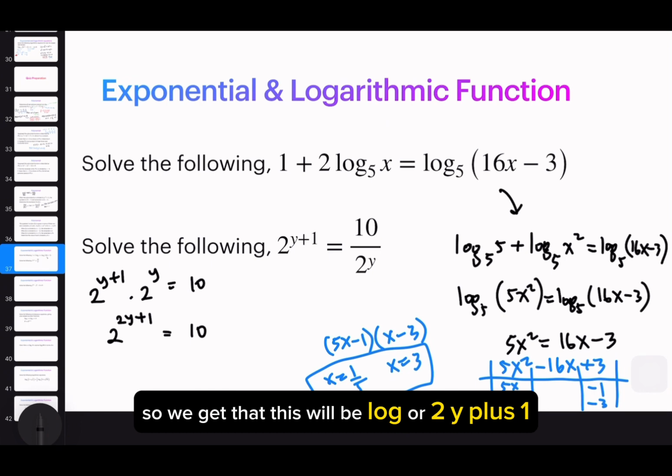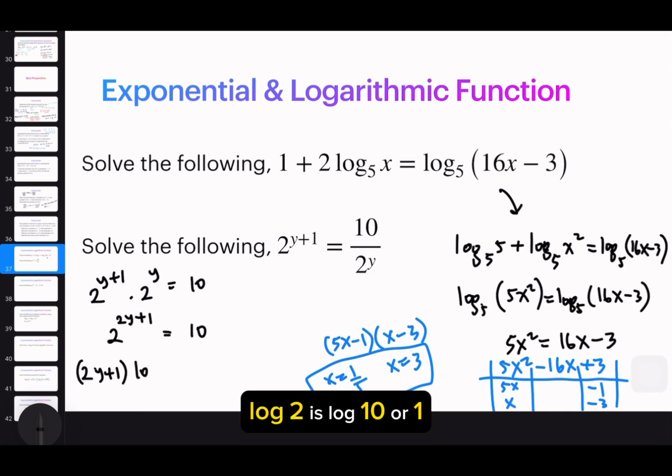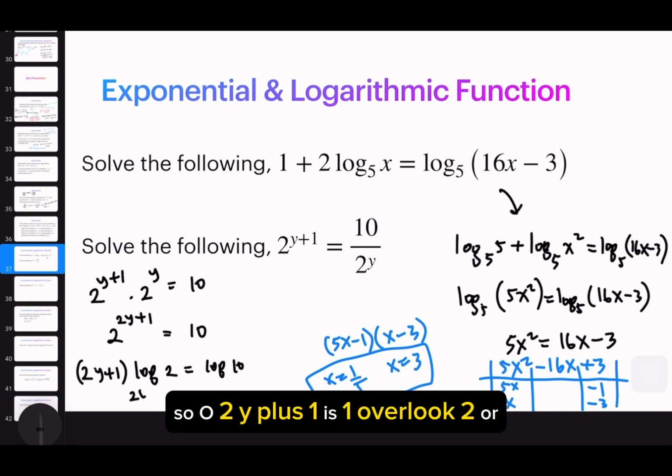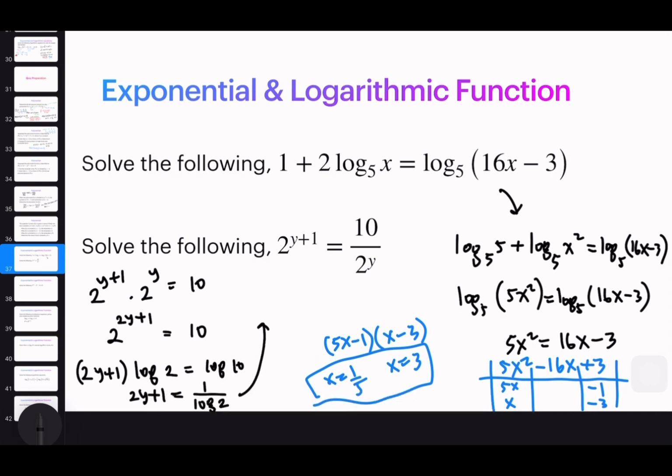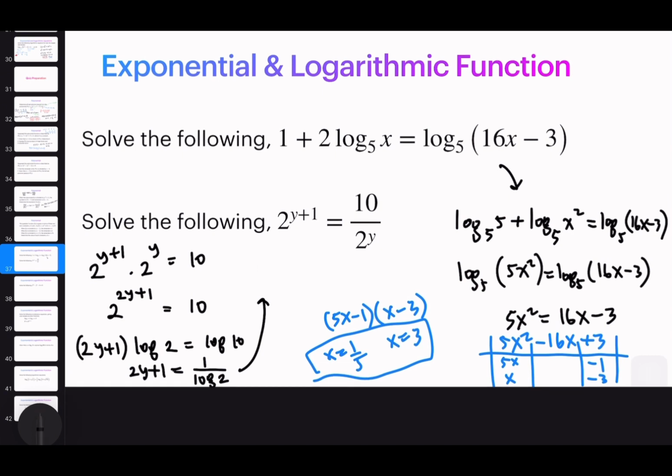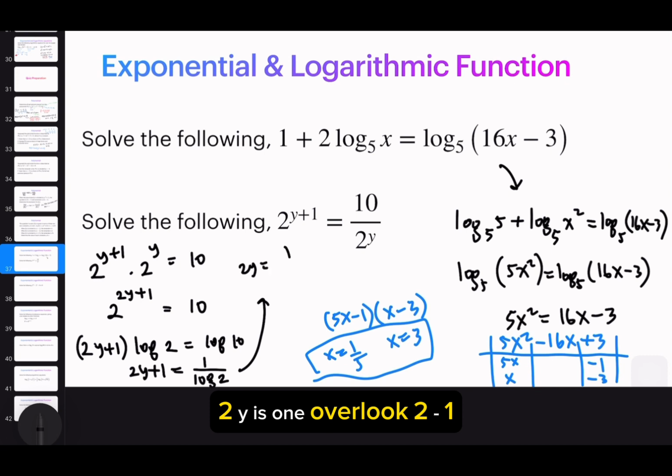So we get that this will be log of 2y plus 1. Log 2 is log 10, or 1. So 2y plus 1 is 1 over log 2, or 2y is 1 over log 2 minus 1.